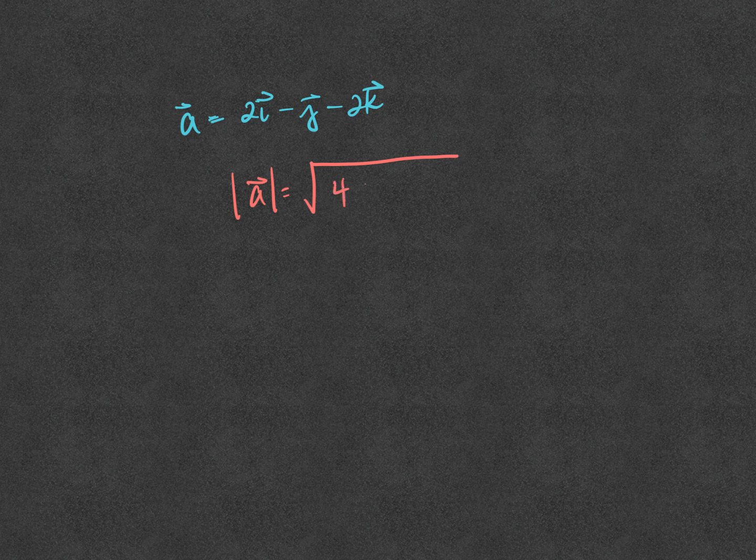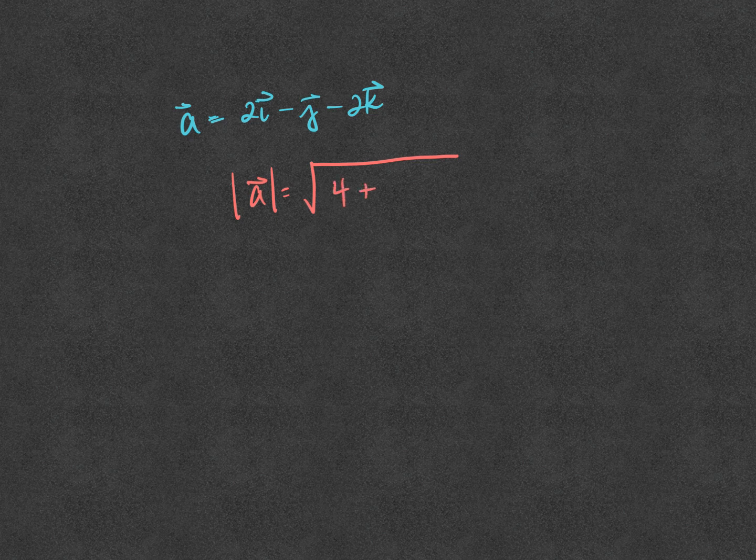Let's say that we're given vector a to be 2i minus j minus 2k. So if we want to find the unit vector for this, the first thing we have to do is find the length of a. So let's erase our unit vector here, and let's come back to it in a minute. But let's find the length of vector a. So component-wise, we're going to take 2 squared to be 4.